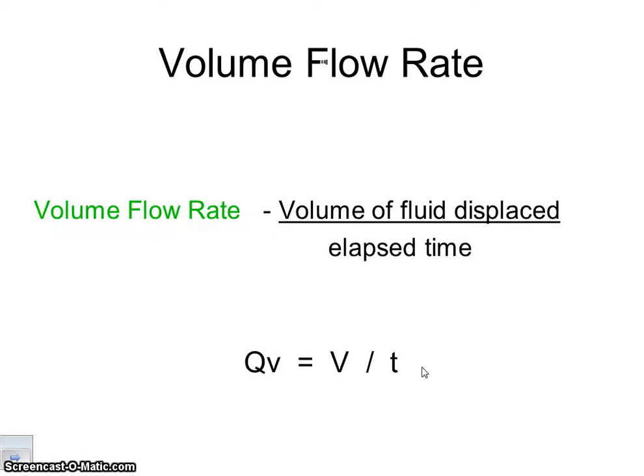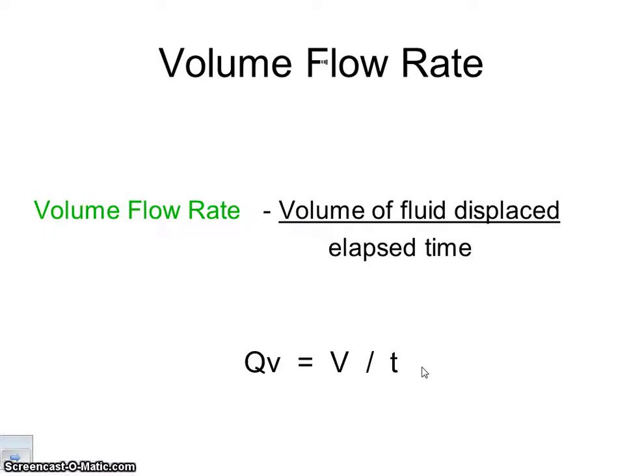They would open up the taps, sometimes let them run for a couple hours, and then they would take a gallon jug and fill it, and time how long it takes to fill the gallon jug. The gallon is the volume. The time with the stopwatch, that's your time. The volume divided by the time is going to be your volume flow rate, and it has to fall within certain parameters. But that would be an example.